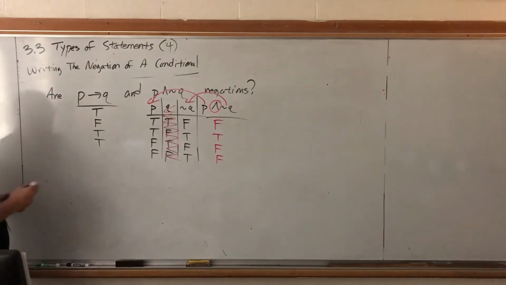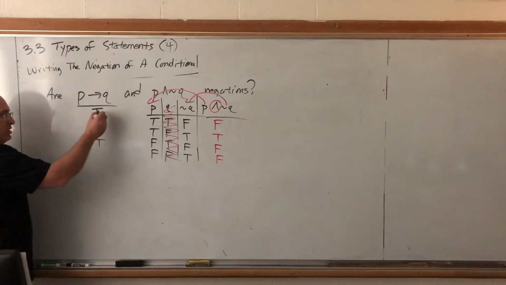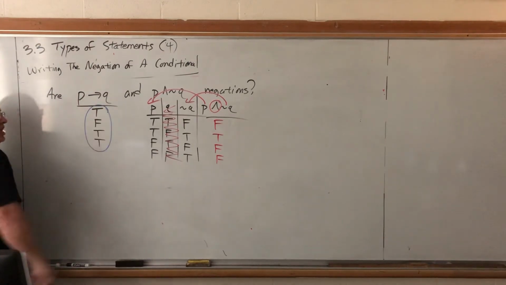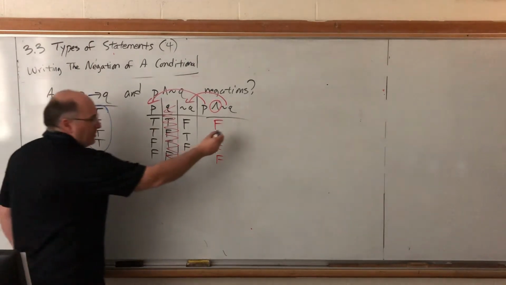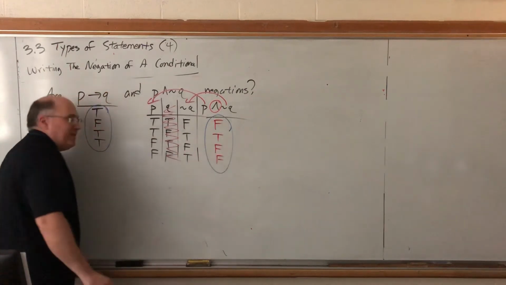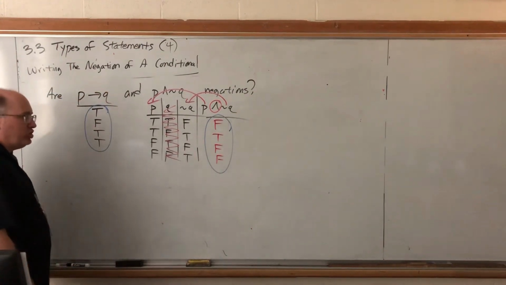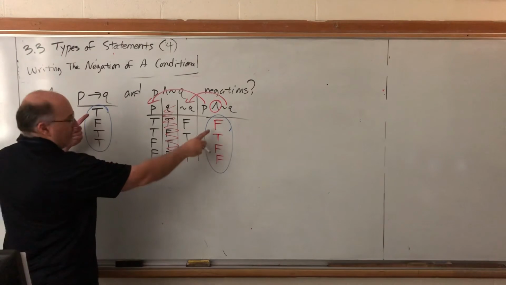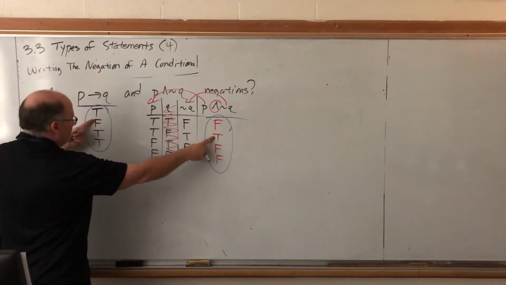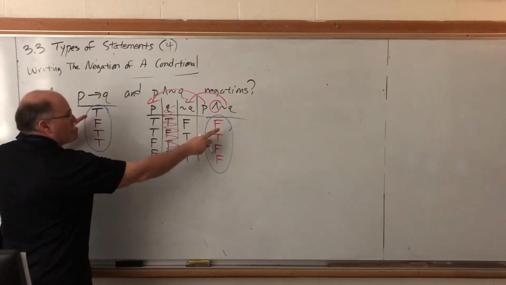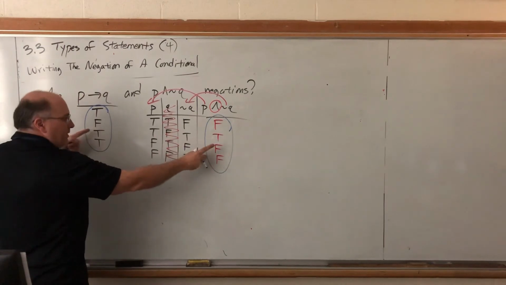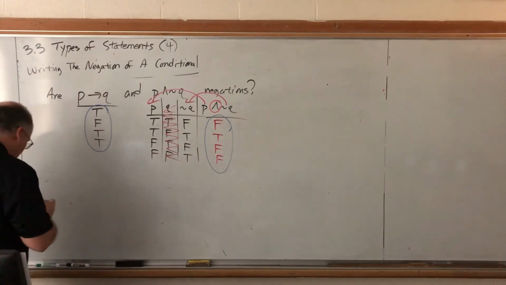And now we can answer the question, are these negations? Compare the last column for the conditional. Compare the last column for P, conjunction, negation Q. And if you notice, they are complete opposites. False, true, false, false, true, true, false, true, false.